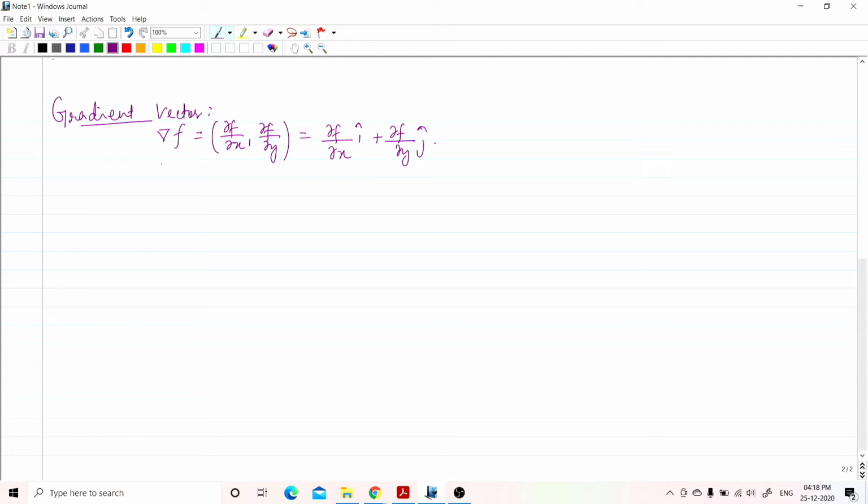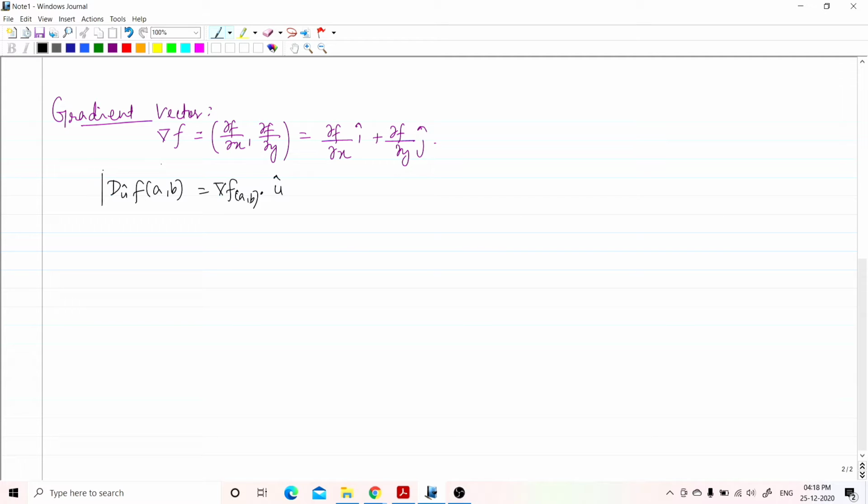Till now we are talking about only functions of two variables. With the help of the gradient vector, we may write the directional derivative of the function at the point a b as the gradient vector evaluated at the point a b dot product with the unit vector u.